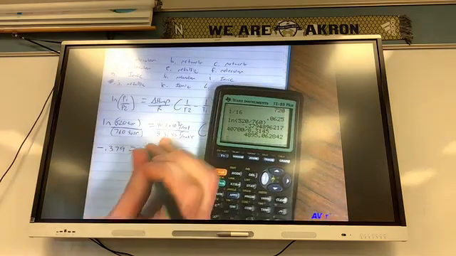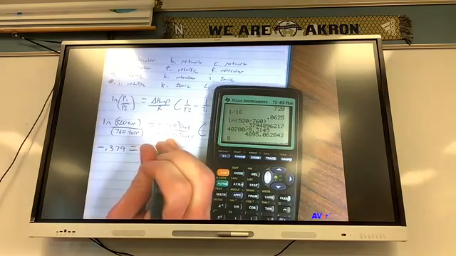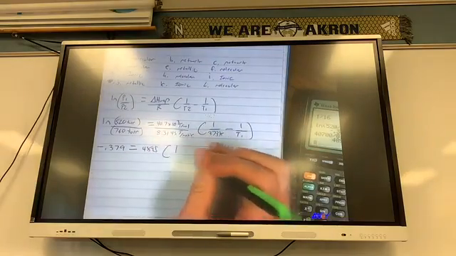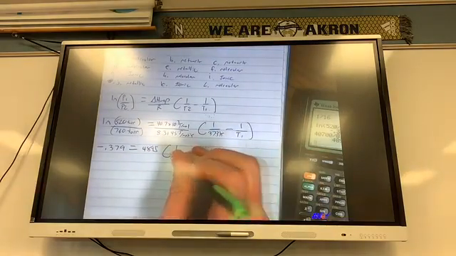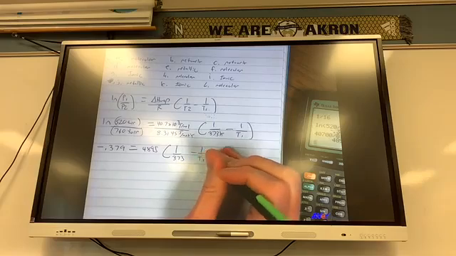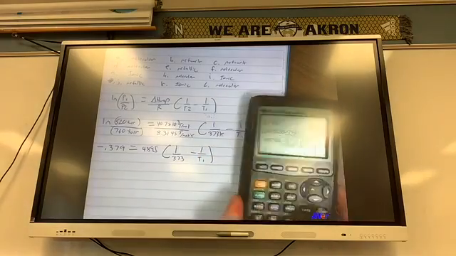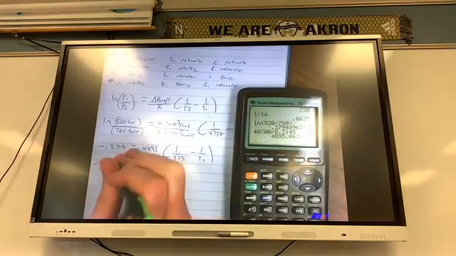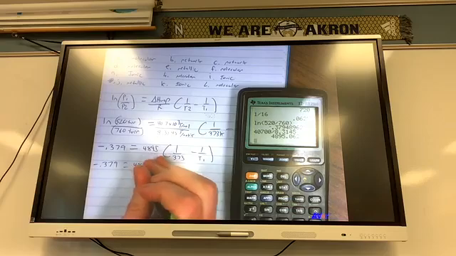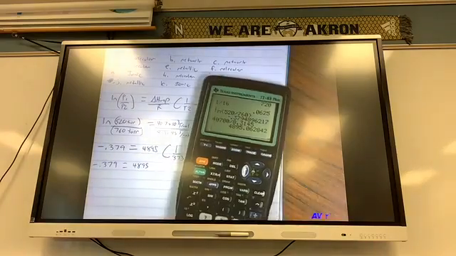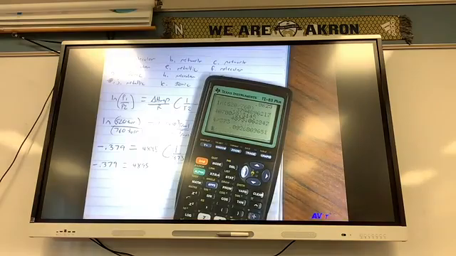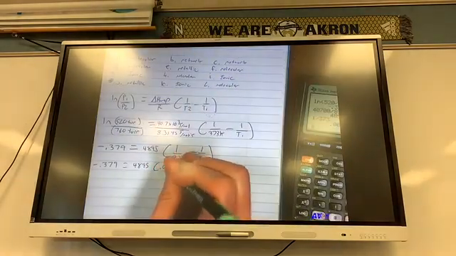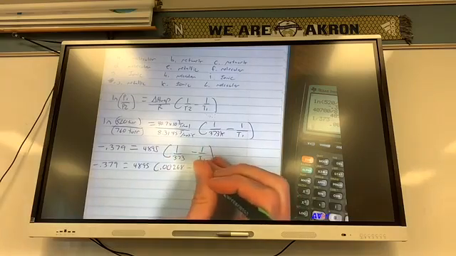That gives me 4895 times 1 over 373 minus 1 over T1. How do you guys want to do this? Simplify more? Negative 0.379 equals 4895 times 1 divided by 373, which is 0.00268, minus 1 over T1.